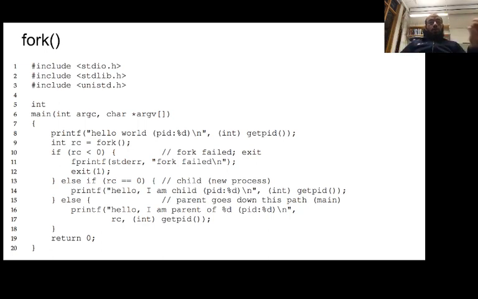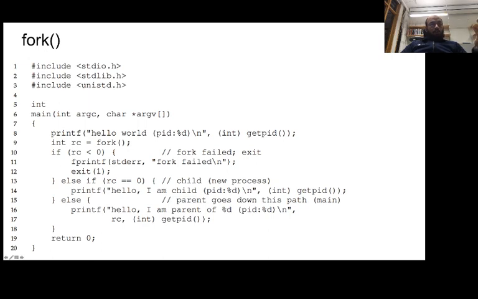This is a C program that shows you how fork functions. You have the main, and basically you have printf, which prints hello world and prints the PID of the current process that just started. And then you call fork. Fork returns a number.